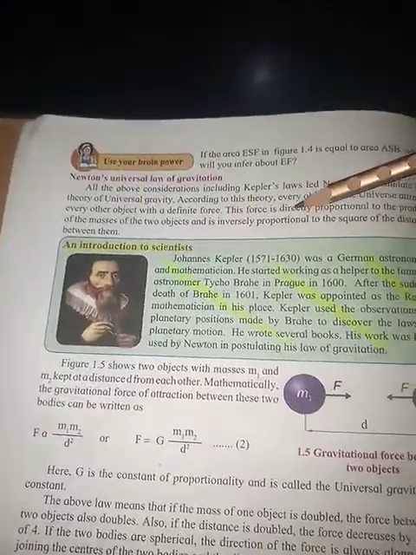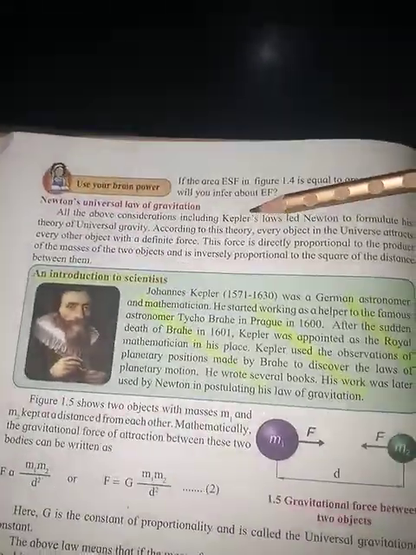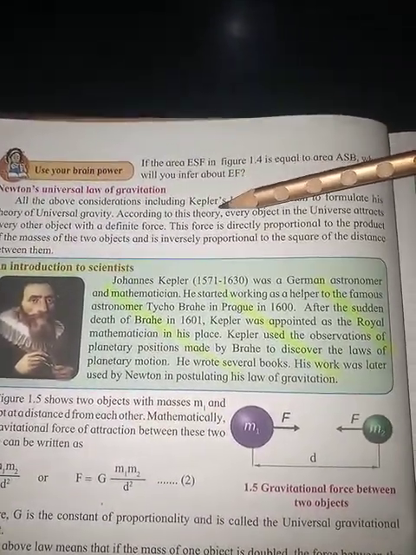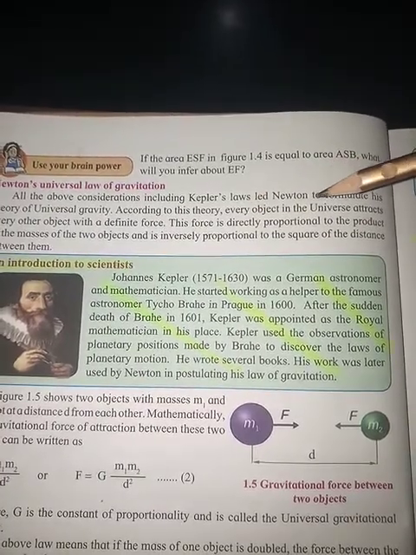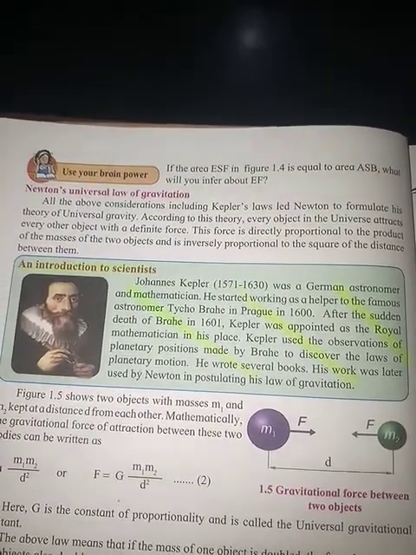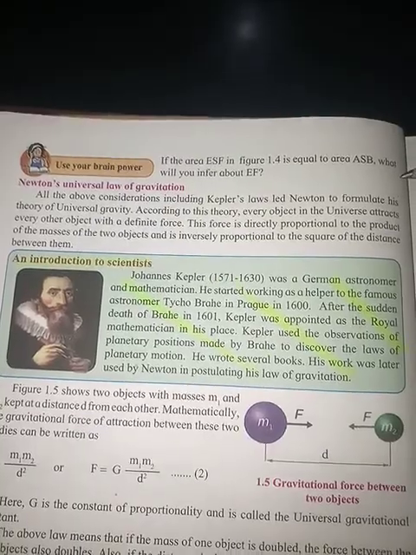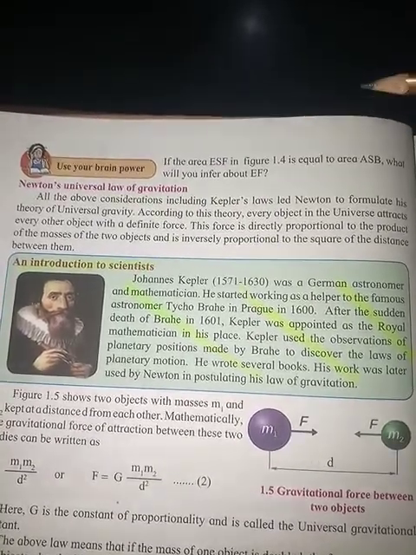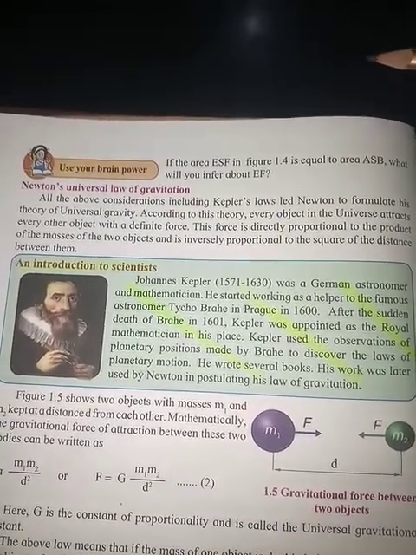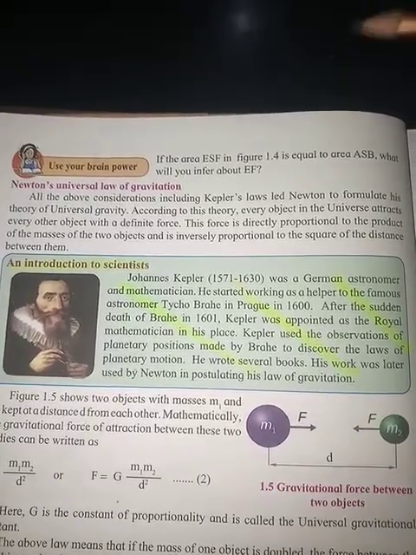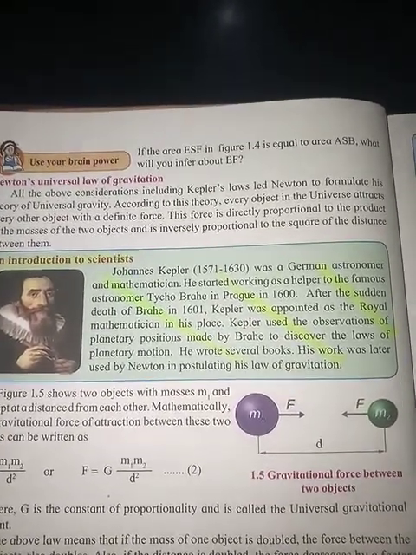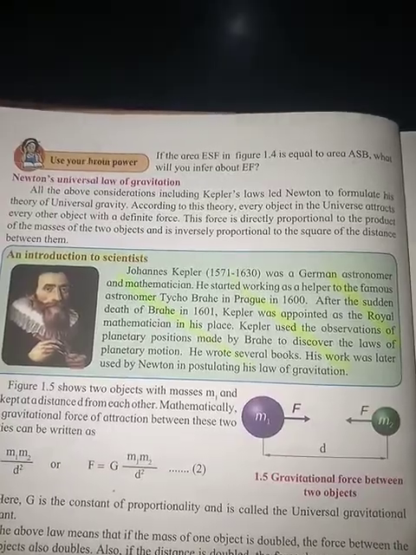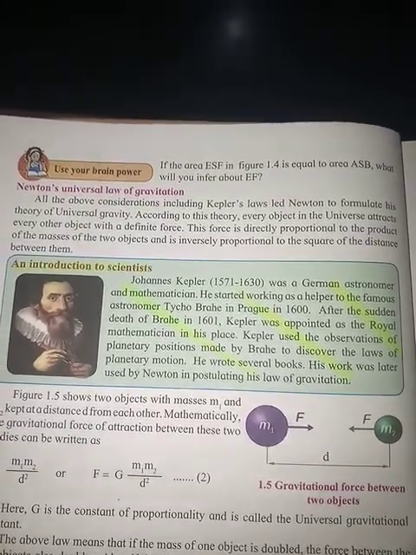And how much force is applied depends upon the product of their masses, that is, the product of both the bodies' masses, and it is inversely proportional to the square of the distance between these two bodies.